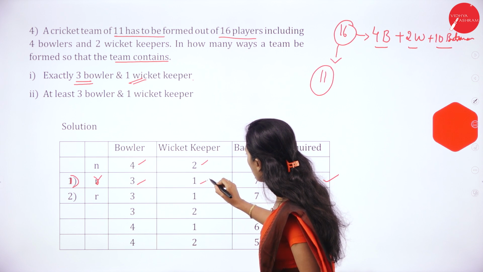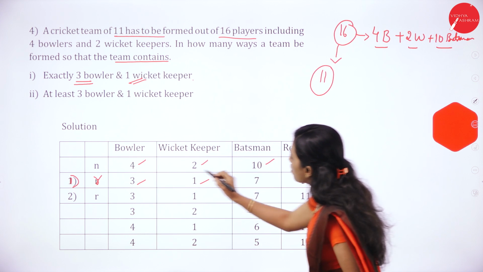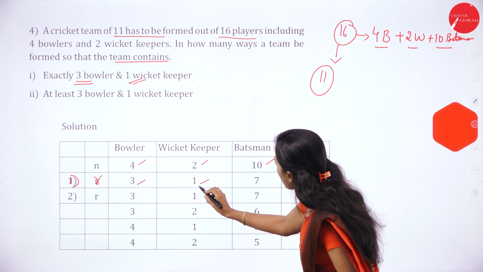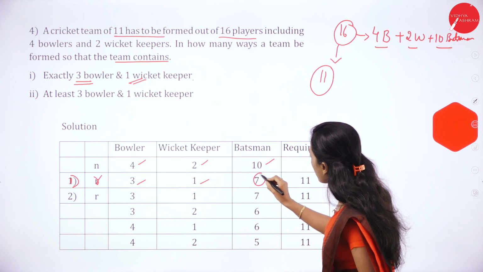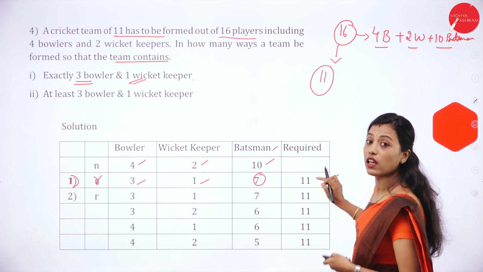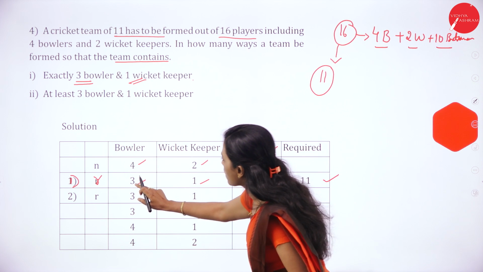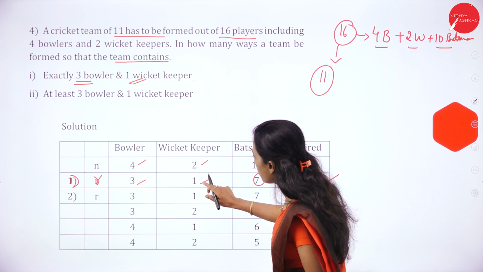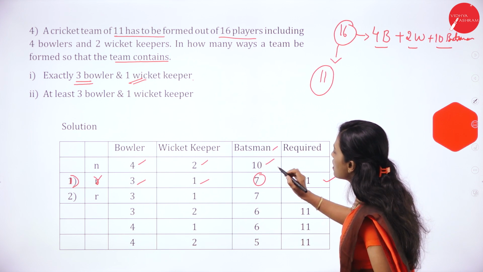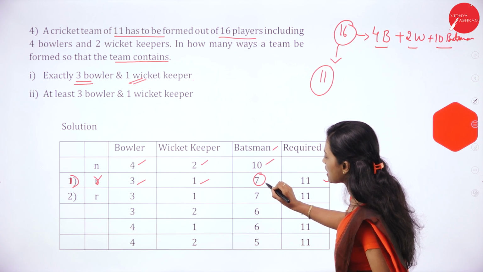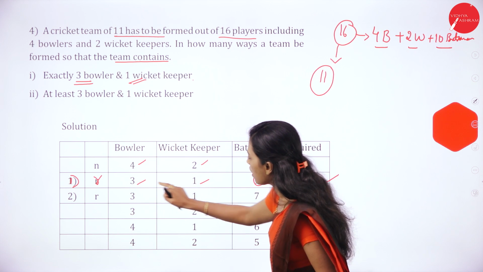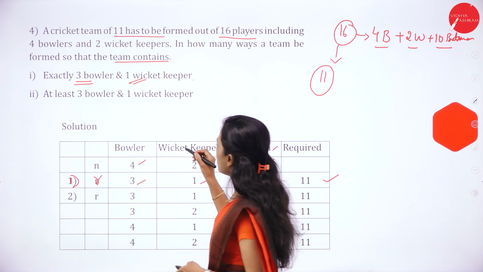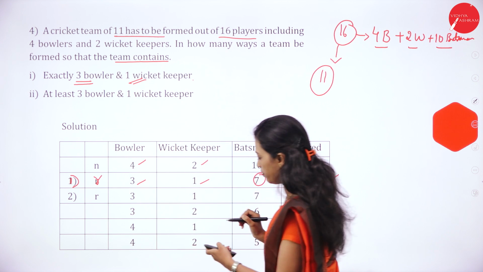So out of 11, 3 are bowlers and 1 is wicket keeper, which means the remaining 7 will be batsmen. 11 minus 3 minus 1 is 7 batsmen. We'll solve this.